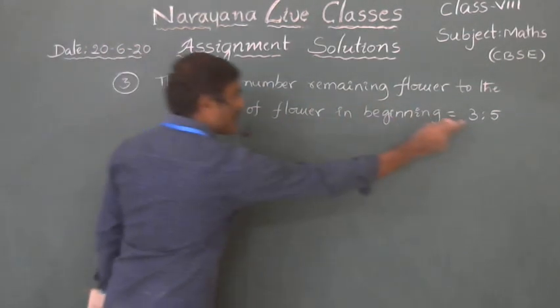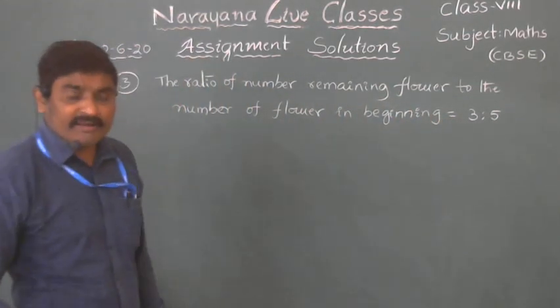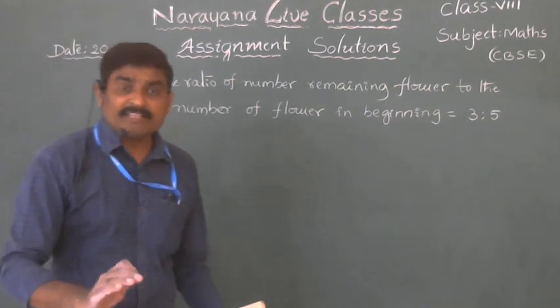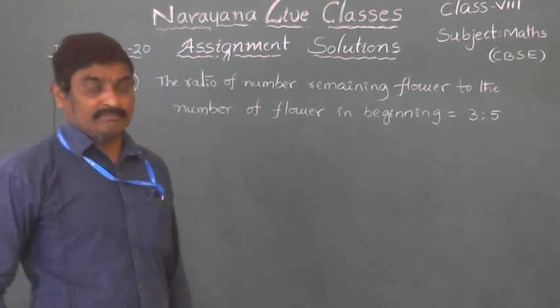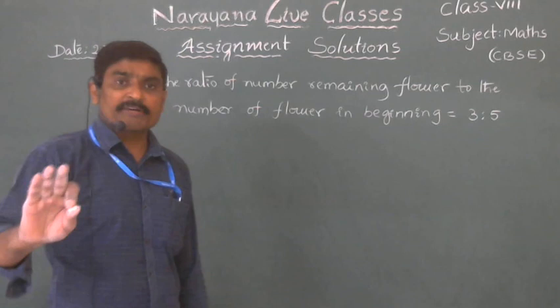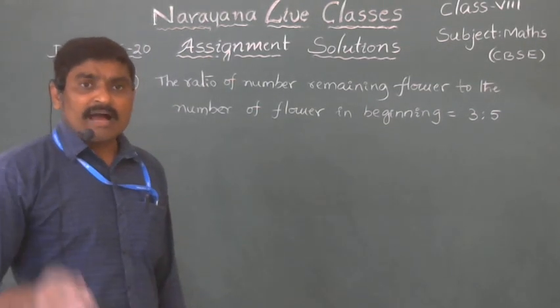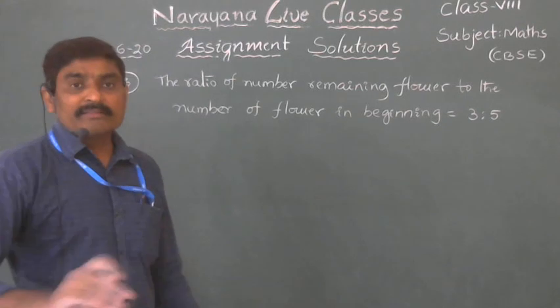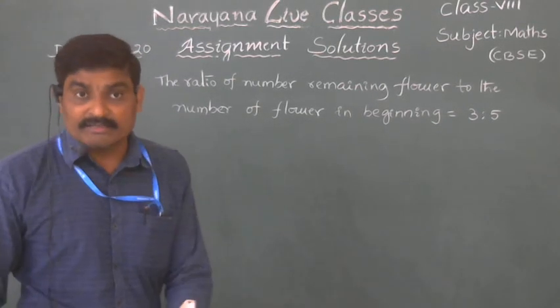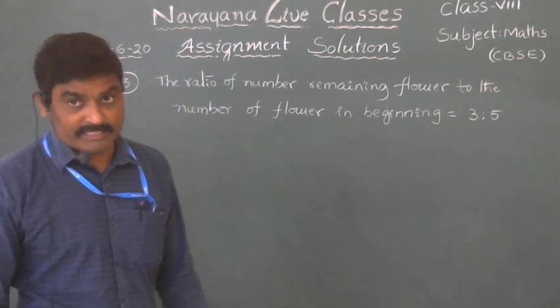The number of remaining flowers means what here? Some flowers she offered to the temple. So after offering some to the temple, there will be some other flowers left. Those are called the remaining flowers.